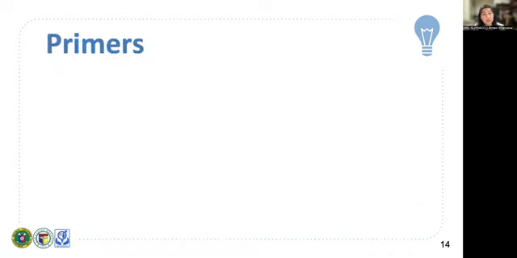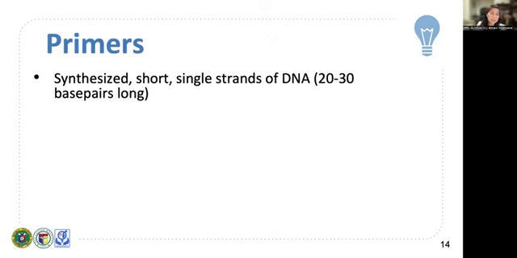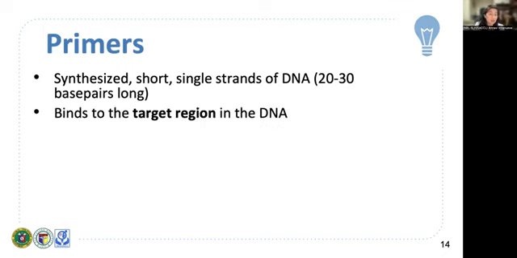So now we move on to primers. Primers are synthesized short single strands of DNA around 20 to 30 base pairs long. So synthesized meaning we usually order it from biotech companies, and they are specifically designed such that it would bind to your target region of the DNA.